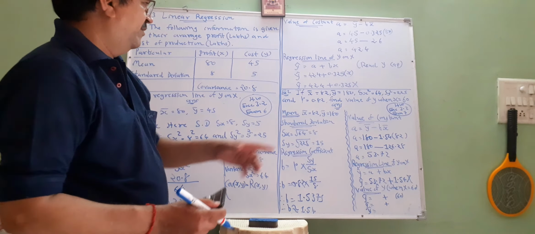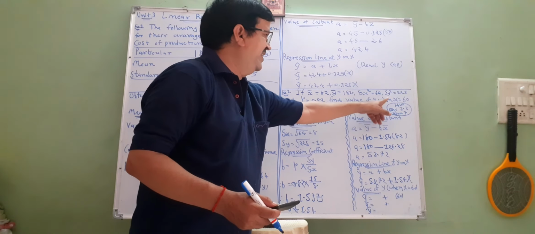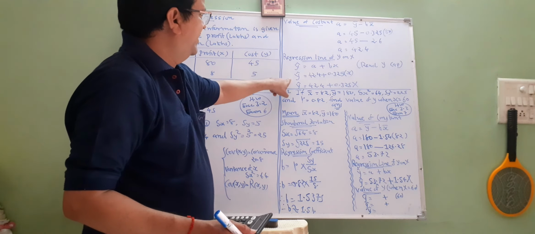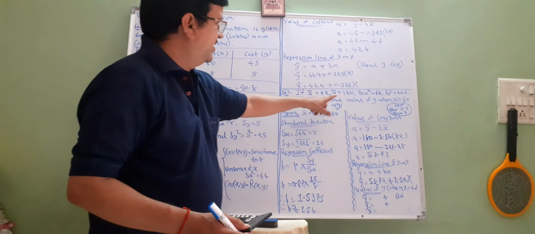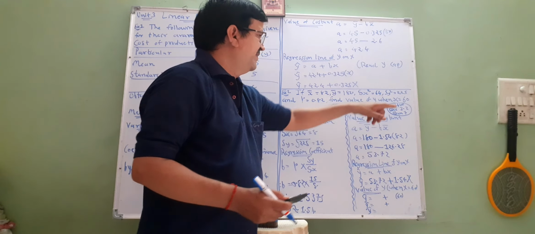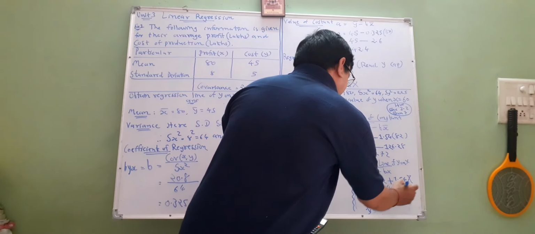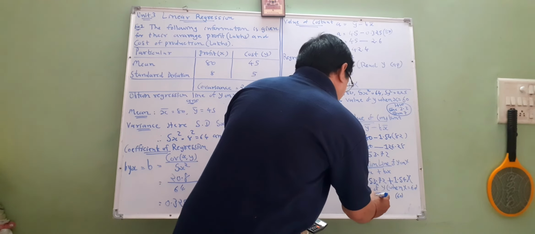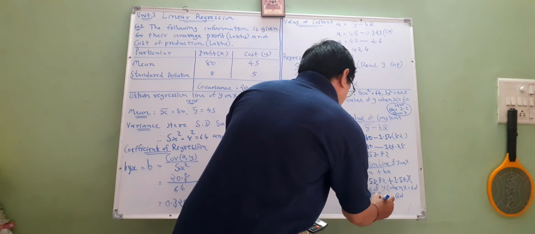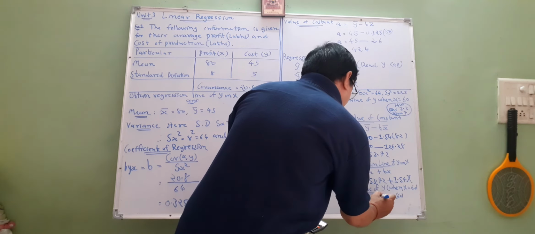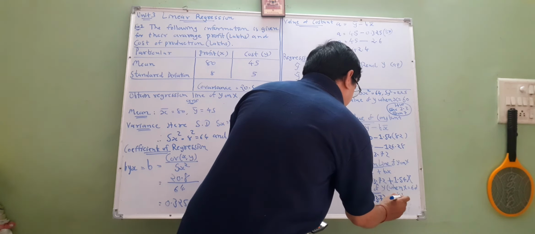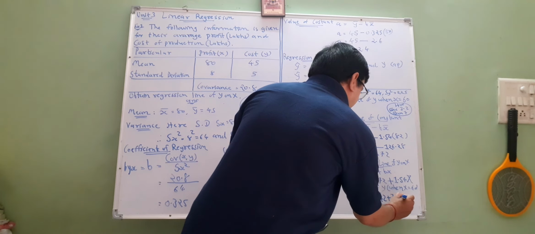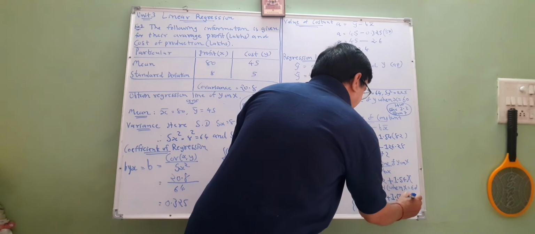And here one step forward: find the value of y when x is equal to 60. In the last example you only had to find the regression line of y on x, but here you have to find the value of y. So take x equal to 60 in this linear regression equation: 53.72 plus 1.54 into 60.